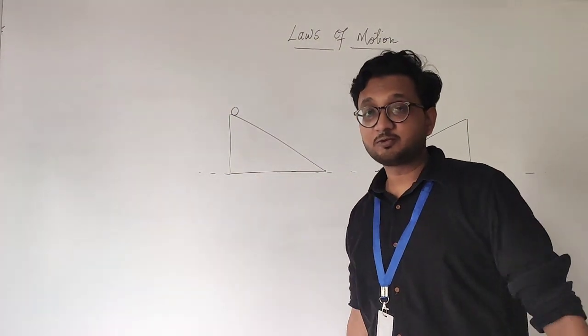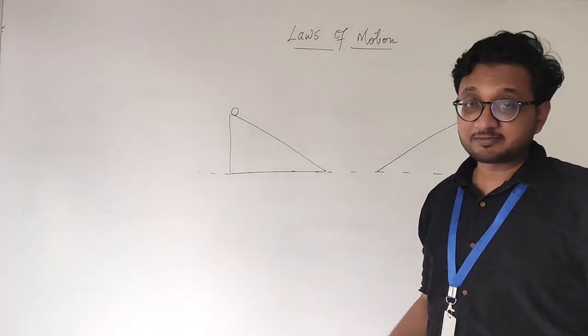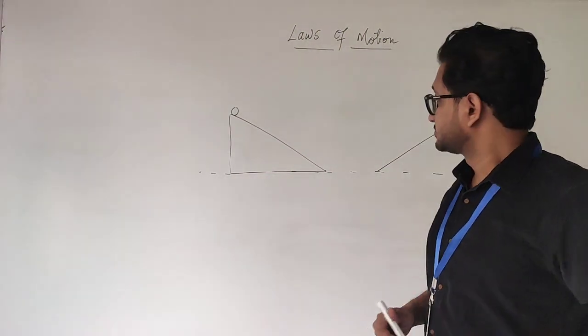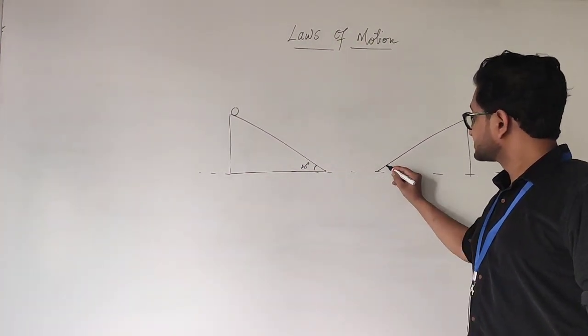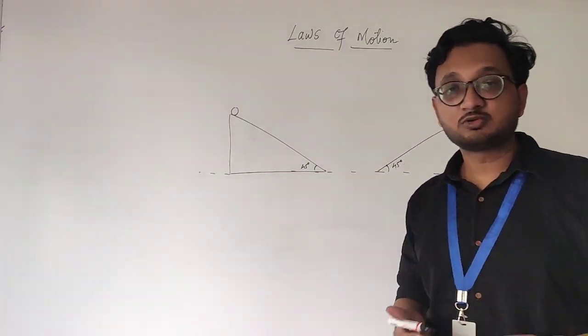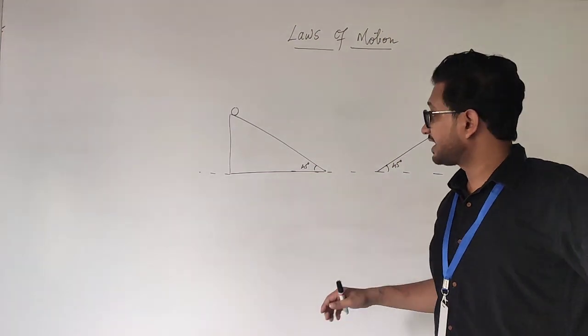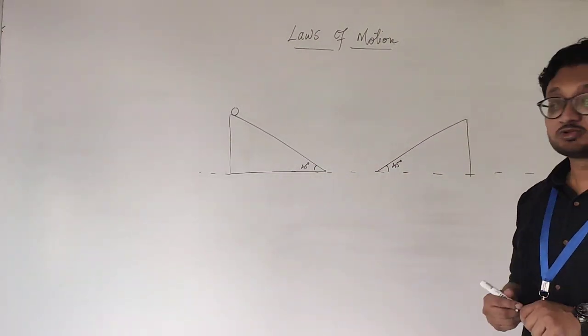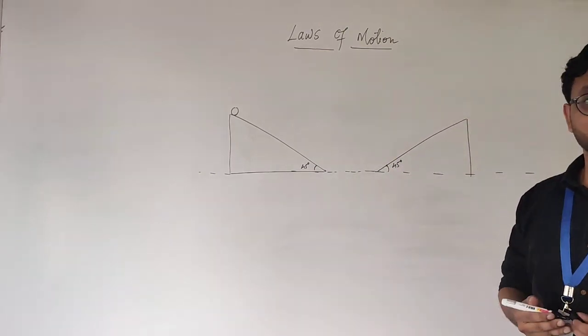Galileo took two very smooth planks and kept them at equal angles. Suppose this is 45 degrees, then this is also 45 degrees. The surface is really smooth.